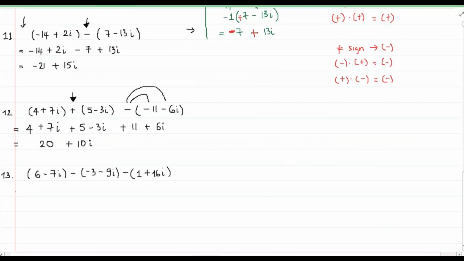Alright, now that equals, open the parenthesis, in front is positive, so 6 keep the same minus 7i.